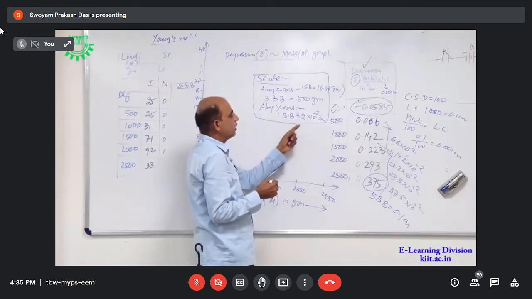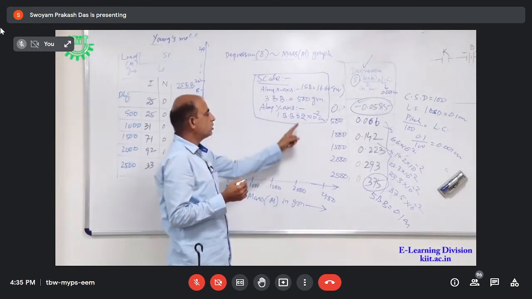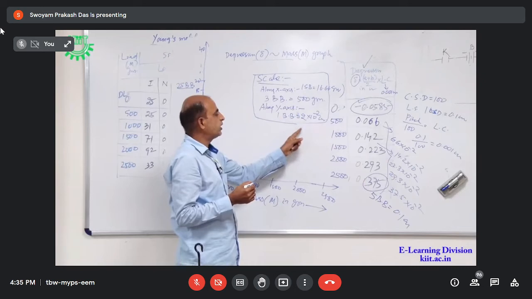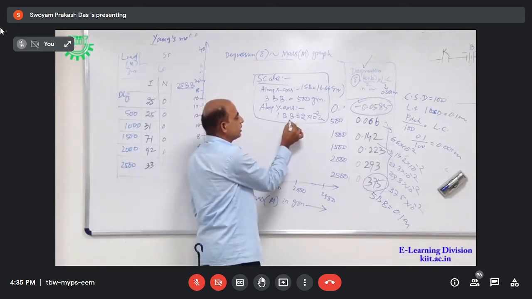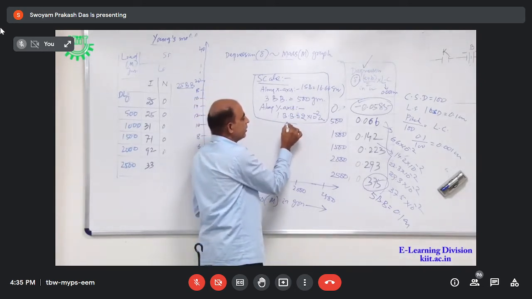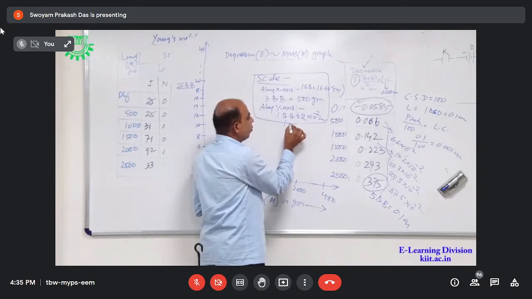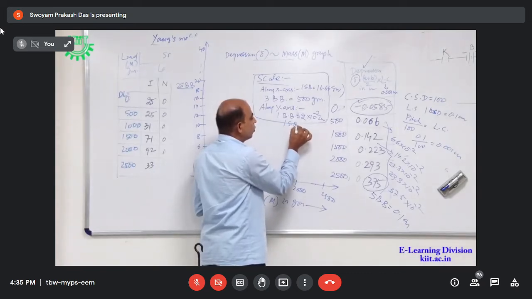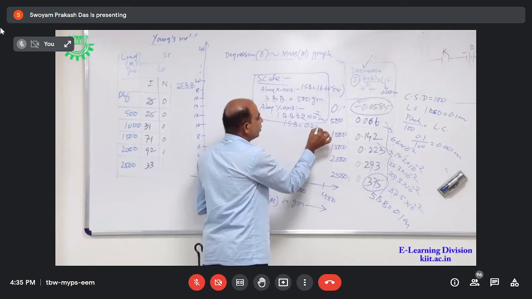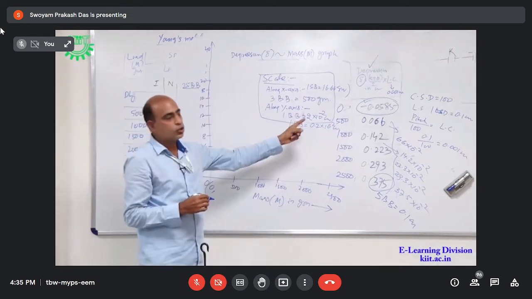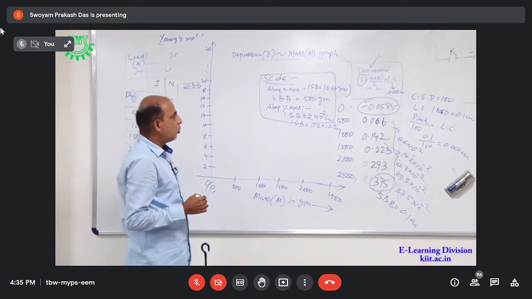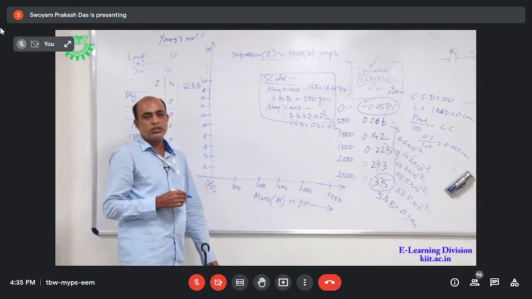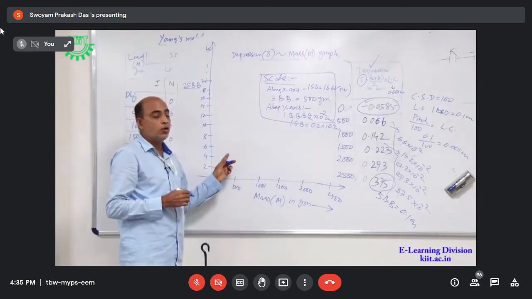One small box, because one big box has 10 small divisions, becomes 0.2 into 10 to the power minus 2 cm. So clearly it is to be mentioned in the scale. Unless we mention the scale, the graph will come out incorrect.